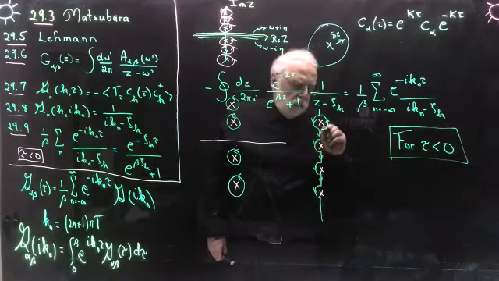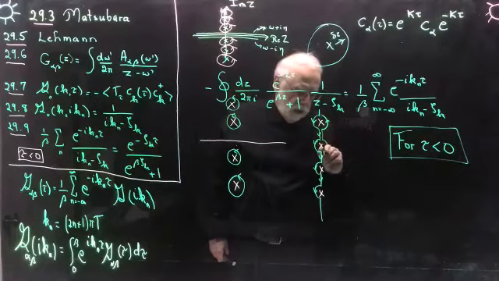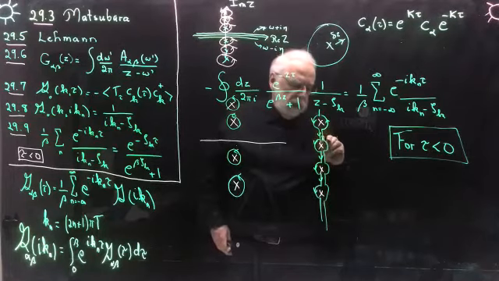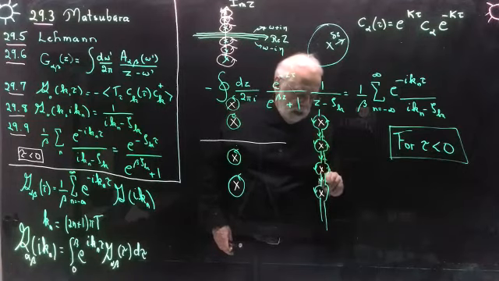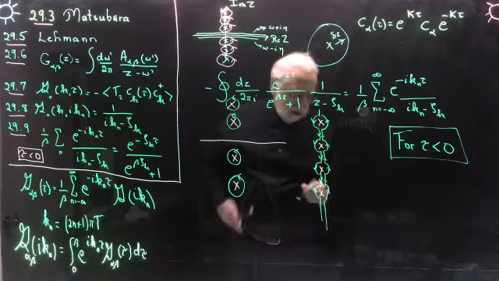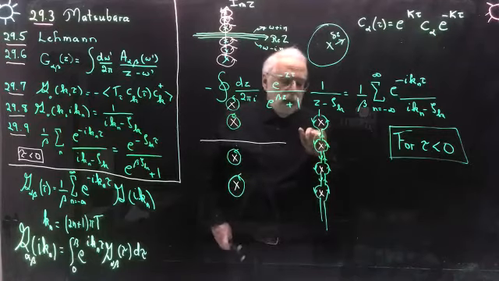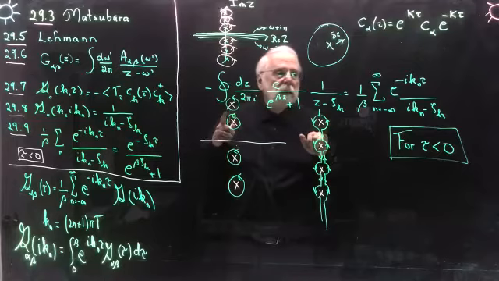And then I can do this here. And then I have this, this, this, this. Okay. Now, why is this equal to that? Tell me.